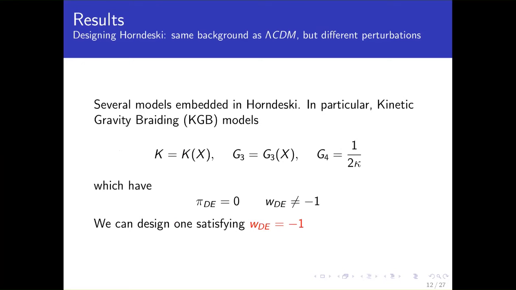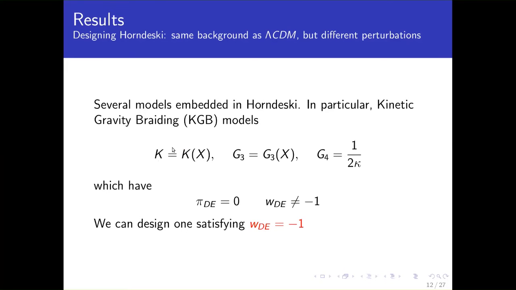So by having this, let's say, description of these kinds of models, we were wondering if we were able to find a model which has the same background as lambda CDM, but is different at the perturbation level.